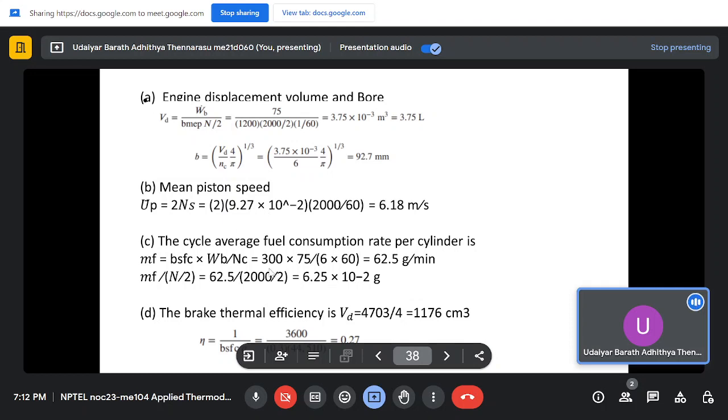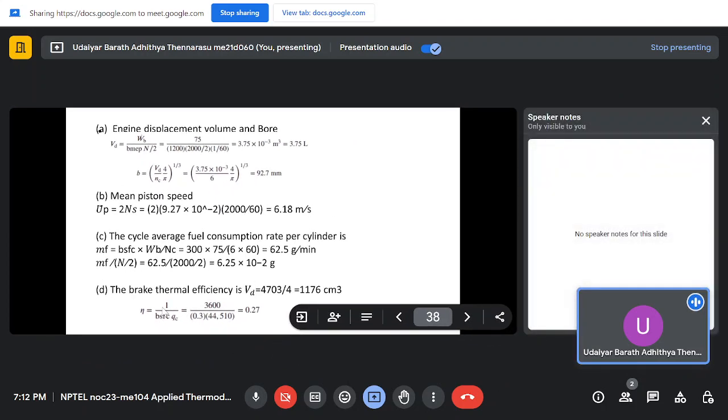So the last question was to find the brake thermal efficiency. The brake thermal efficiency is defined as brake power divided by Q. Brake power we can find in terms of brake specific fuel consumption.